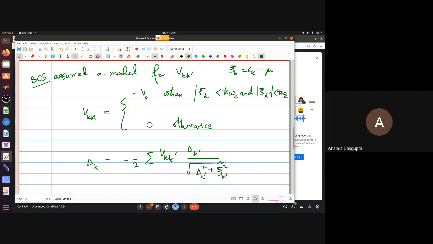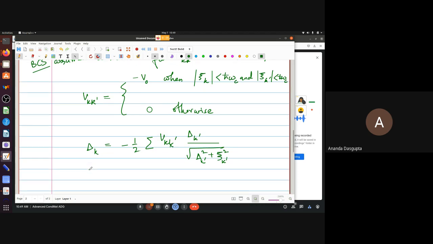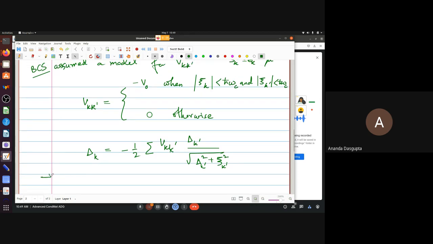Now note, first of all, this tells you one thing. If mod xi k is greater than h cross omega c, so if your particle has a single particle energy, corresponding to the level k, which is different from the Fermi energy by more than h cross omega c, then what can you say about this quantity?